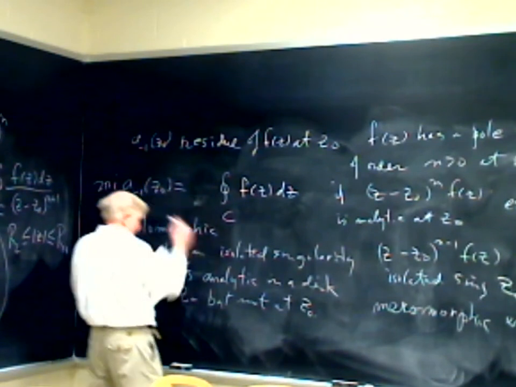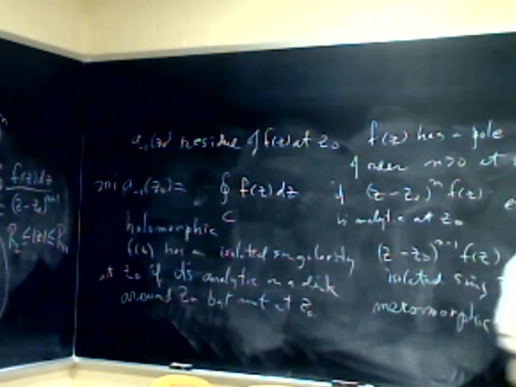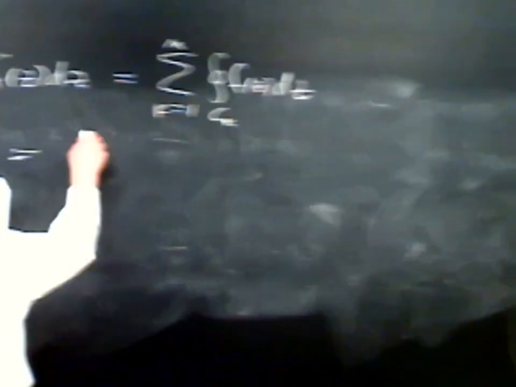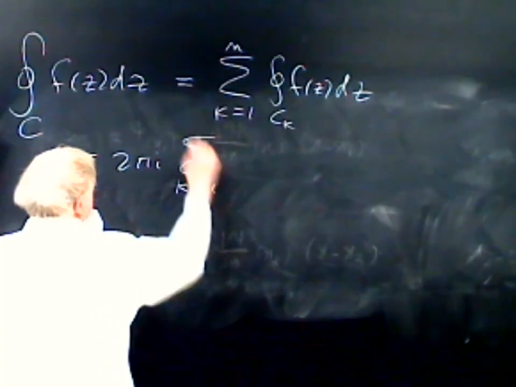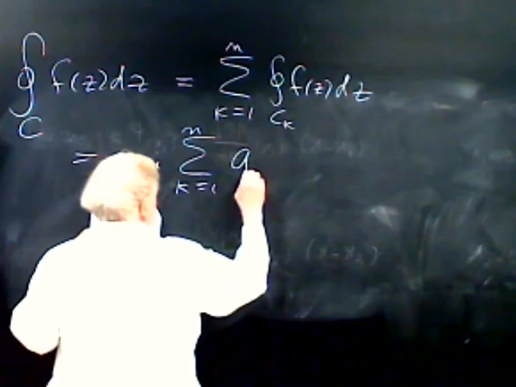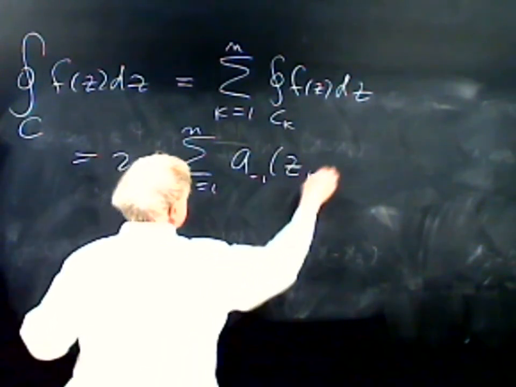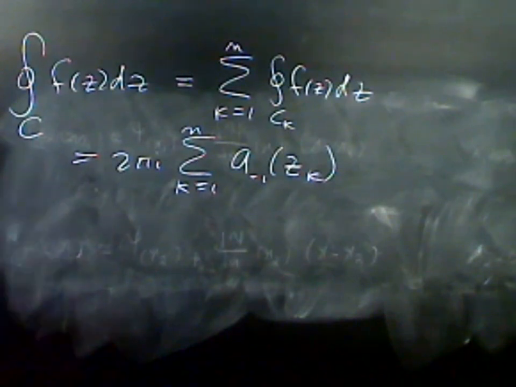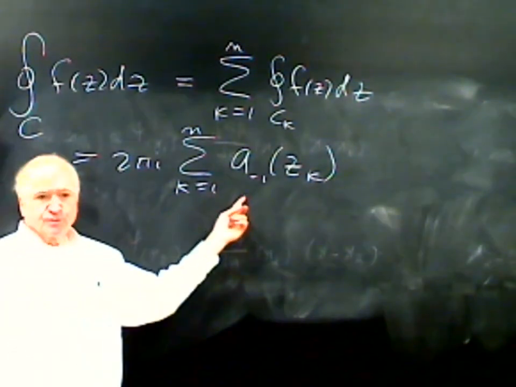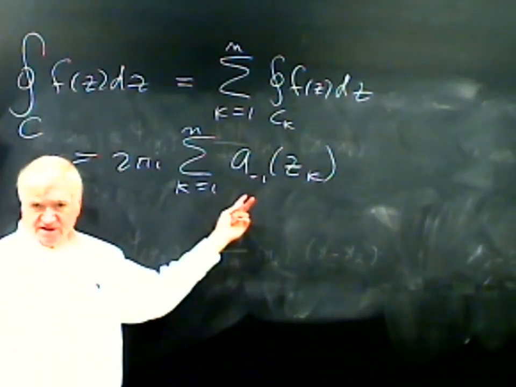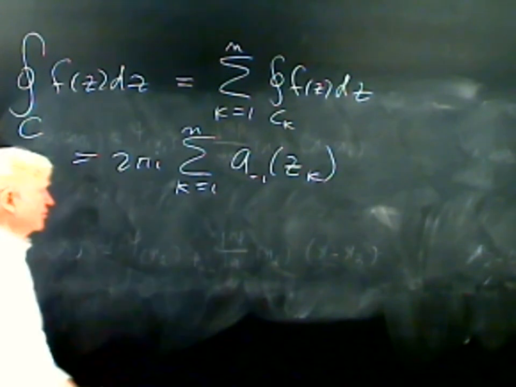So this thing is 2 pi i, the sum k equals 1 to n, of a_{-1} of z_k. So in other words, the contour integral of a meromorphic function around a closed contour, counterclockwise, is 2 pi i times the sum of the residues of the enclosed isolated singularities. This is called the residue theorem.